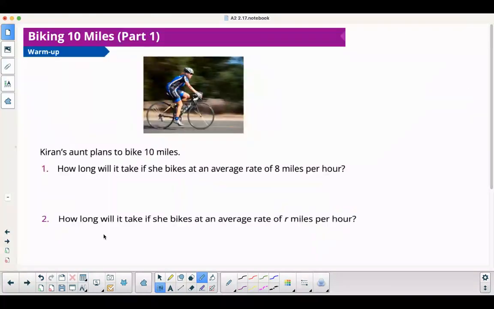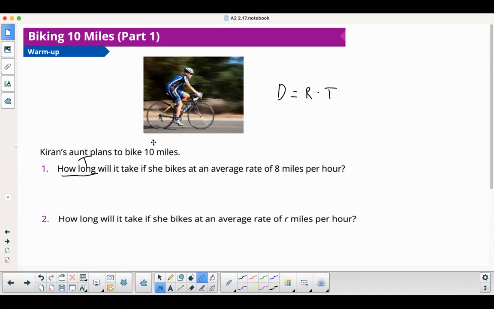Okay? All right, so here's our warm-up. So what I want to use for the warm-up is an old equation, distance equals rate times time. So Kieran's aunt plans to bike 10 miles. How long, so that means we're looking for time, will it take if she bikes at an average rate of 8 miles per hour?